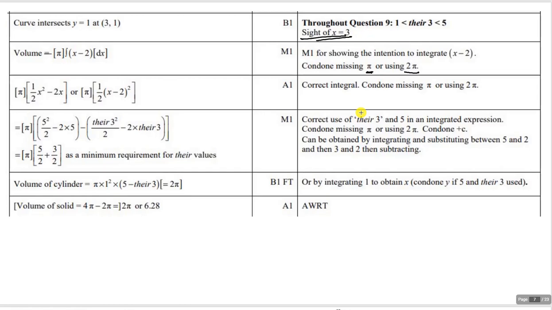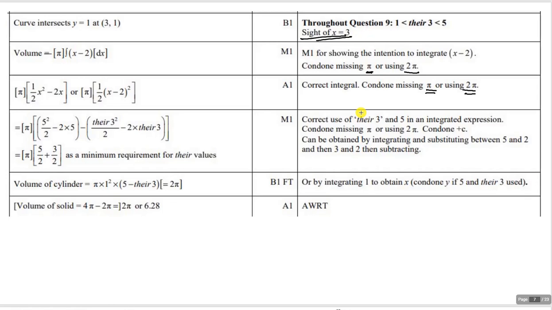And then to do the correct integral, again, they're okay with you not showing a pi sign. So here we've got our integral. Could be either one of these things. I could distribute it or not. And then taking the one and subtracting the other.